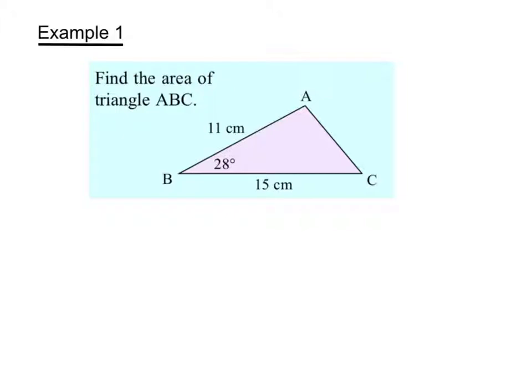Here we have triangle ABC, and we're given two sides, side AB and side BC, and we're given the angle between the two sides. And we're asked to find the area. So remember, I can use one of my equations from the previous slide. In this case, I know side c, and I know side a.